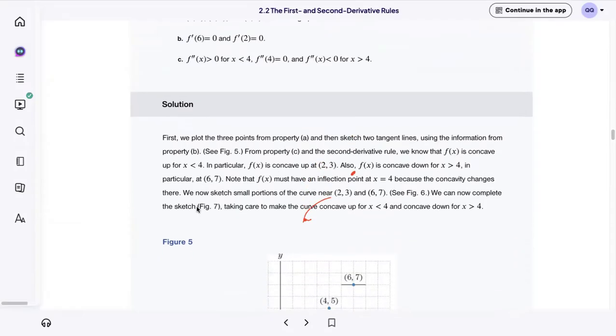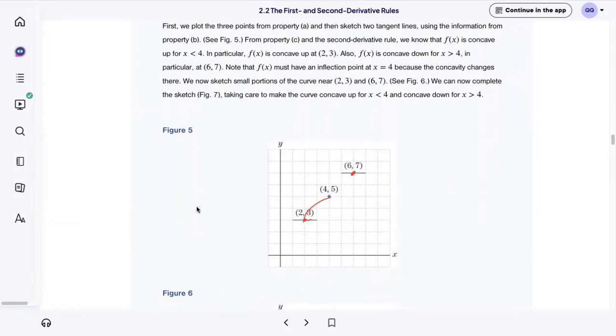On the right-hand side it is concave down. Oh, somehow I drew the opposite. So note this is concave up on the left-hand side. On the right-hand side it is concave down. Right, like this.